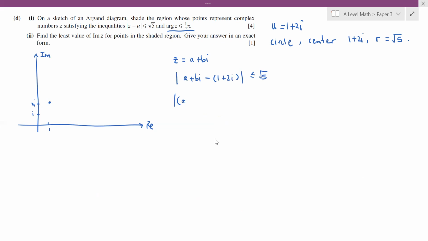So look at the real part: we have a minus 1 plus b minus 2 i. The modulus is less than or equal to square root of 5. So (a minus 1) squared plus (b minus 2) squared equals 5. Let's just use an equal sign here instead.